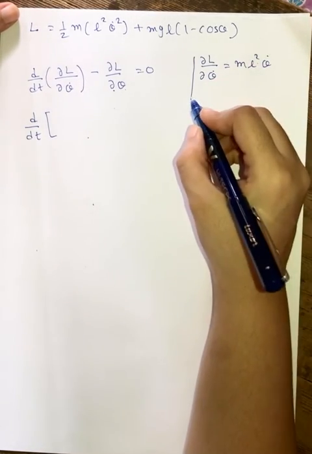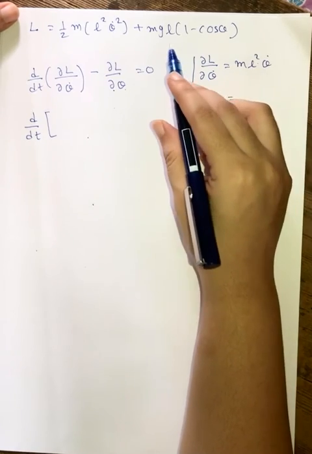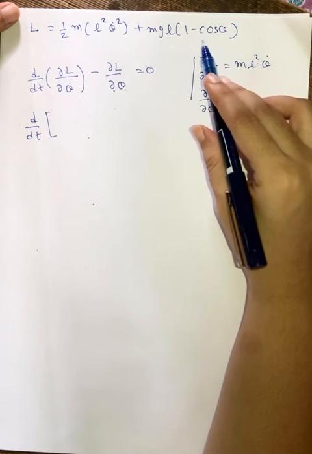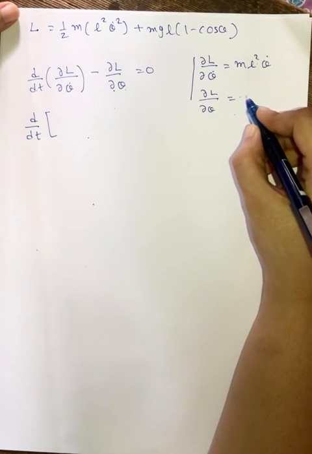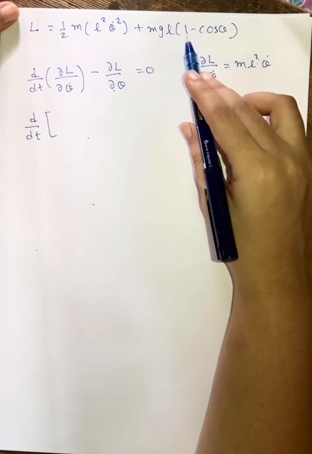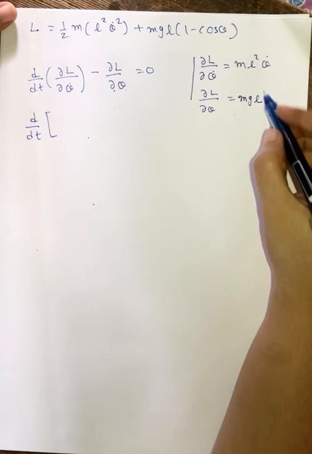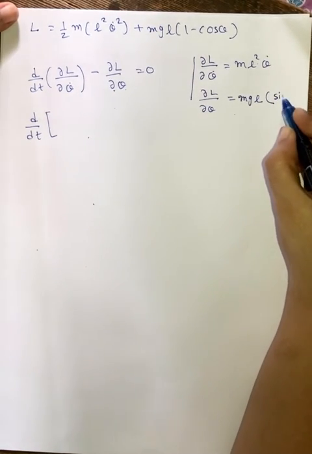Del L by del theta is equal to mgl sine theta.